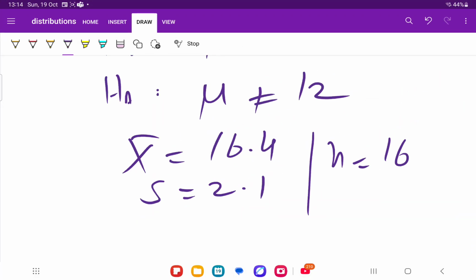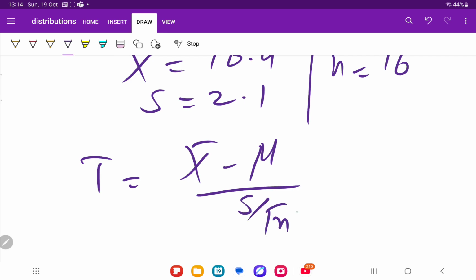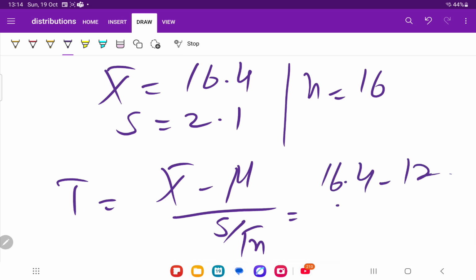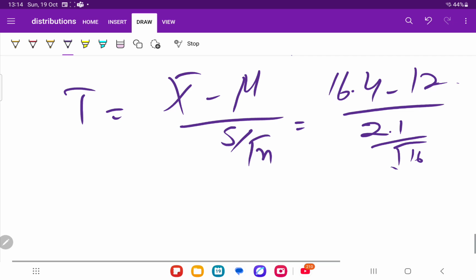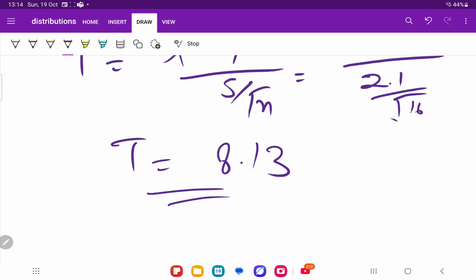So we got all those values and we just need to put all the values into the formula, S over square root n. 16.4 minus 12 over S, which is 2.1, over square root 16. What is T? Yeah, 8.13. So that is the T value.